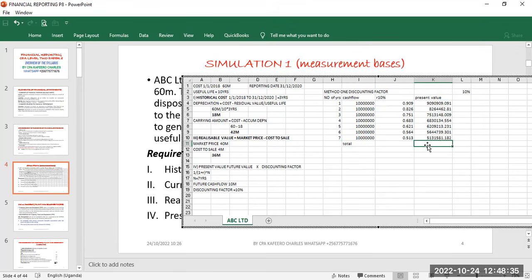Total, equal sign, sum the sum in this. So these are going to be our figures.